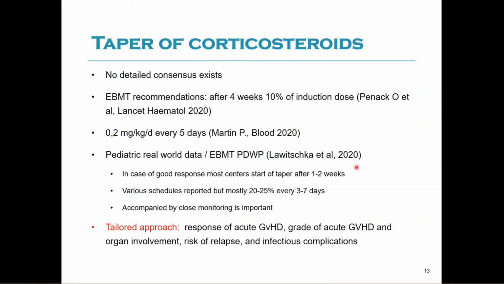Again, in daily practice in pediatric centers, the majority of pediatric centers reported to start the taper after 1 to 2 weeks in case of good response. Again, we found various treatment schedules, but mostly the taper was 20 to 25% every 3 to 7 days.